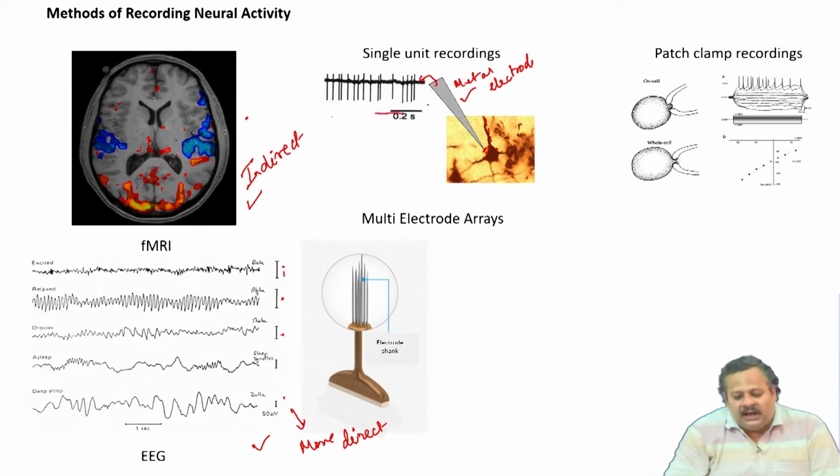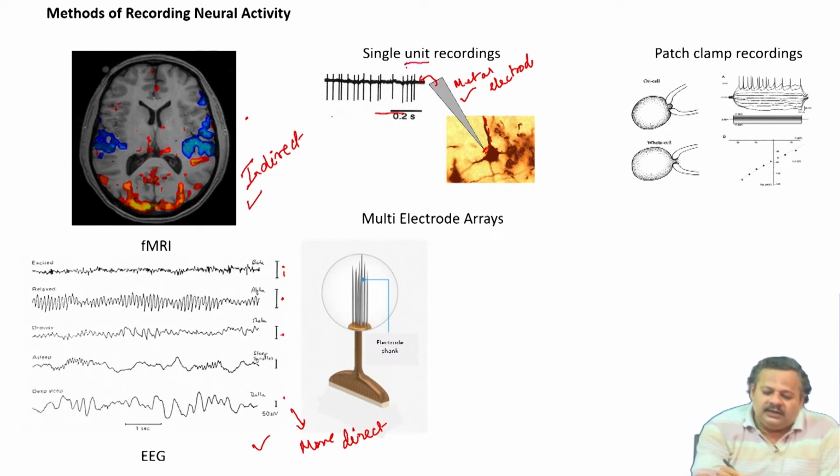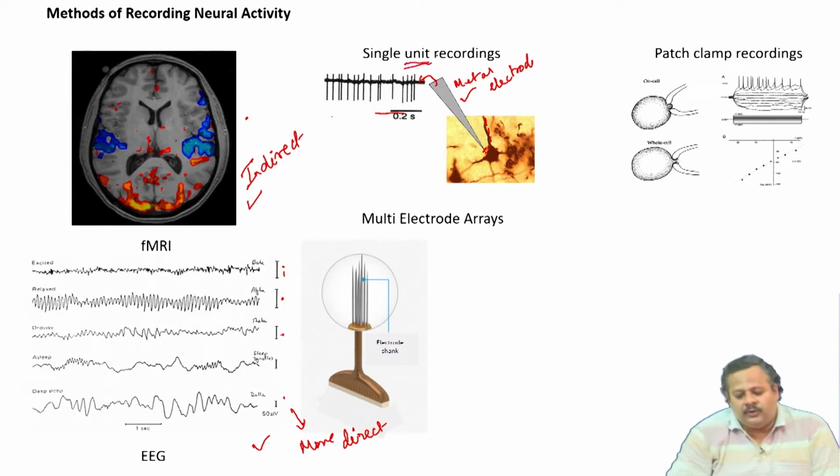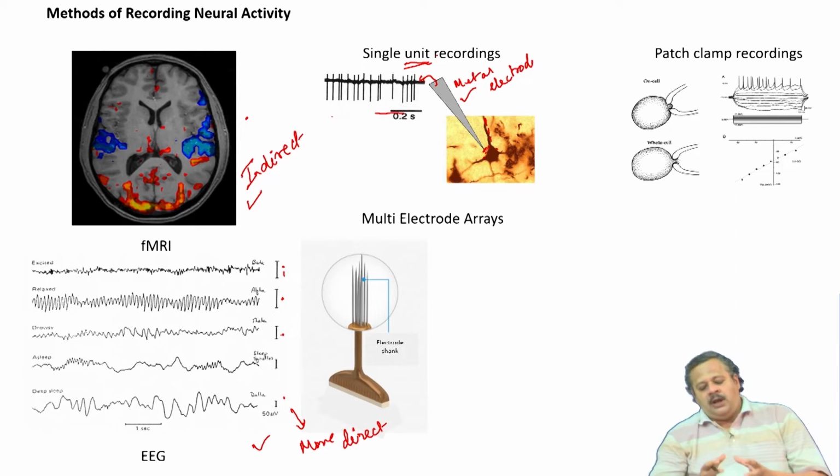So this allows us to understand when spikes are occurring from the extracellular signal of probably a neuron or part of a neuron. That is why we call it single unit recording as opposed to single neuron recording, because we cannot be absolutely sure whether we are recording from the neuron cell body or maybe from a large piece of dendrite or so on.